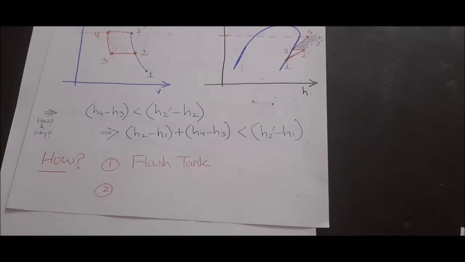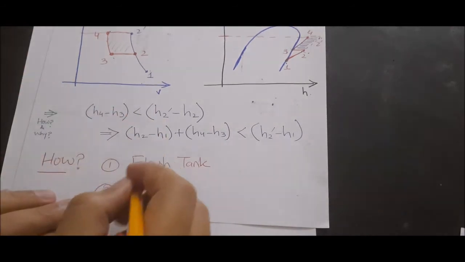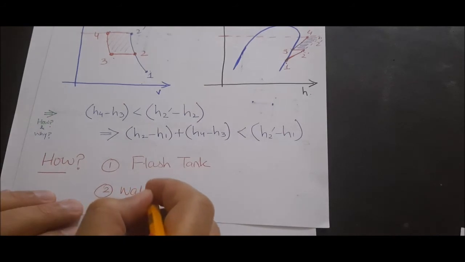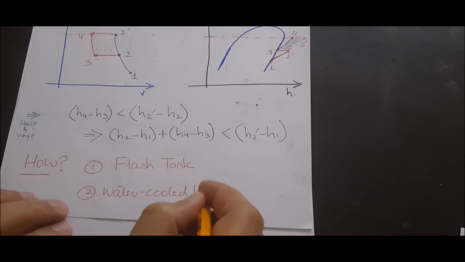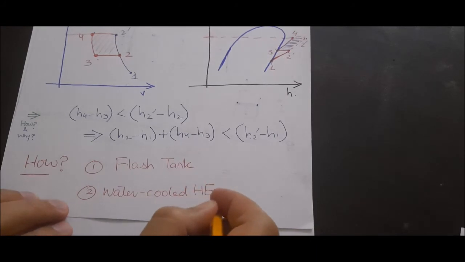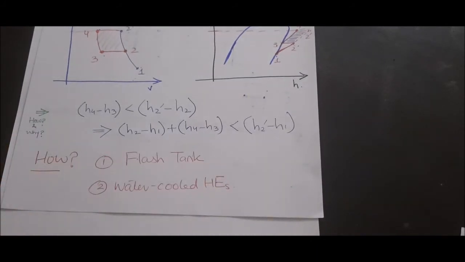Similarly, there is another method of water cooled heat exchangers. So we can also use the water cooled heat exchangers in order to cool the refrigerant which we are actually using in the process.